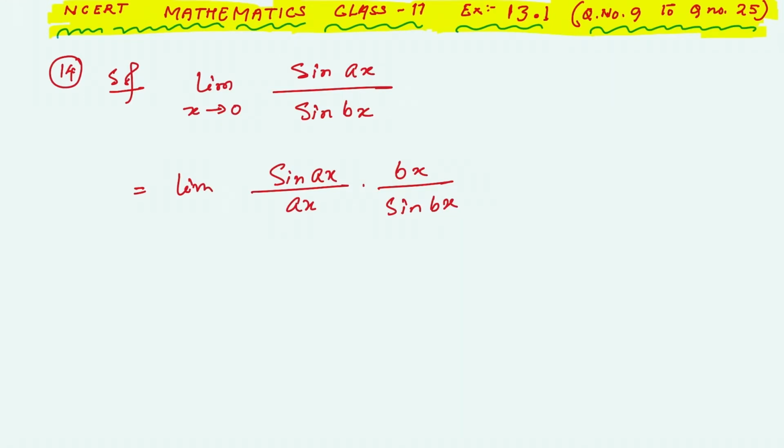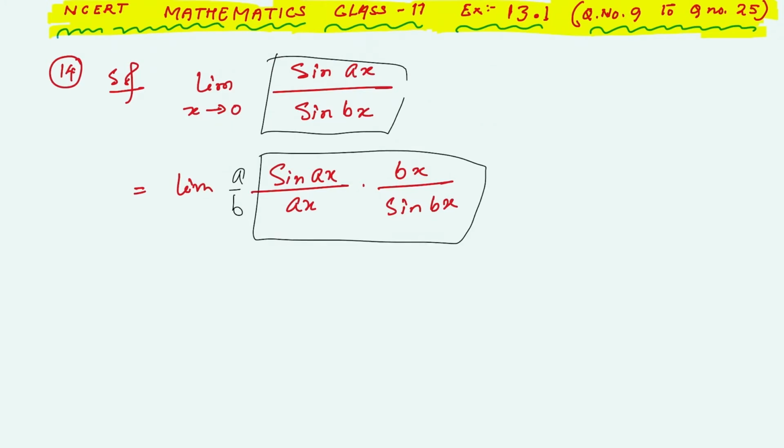Now we have to multiply here a by b, because this part is not equal to the original. We have got an extra ax and bx, these two terms extra. If you cancel this x, and a by a, b by b, you will get the original expression.